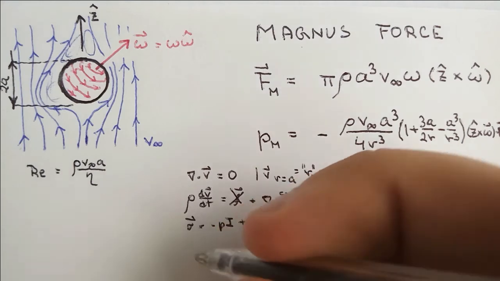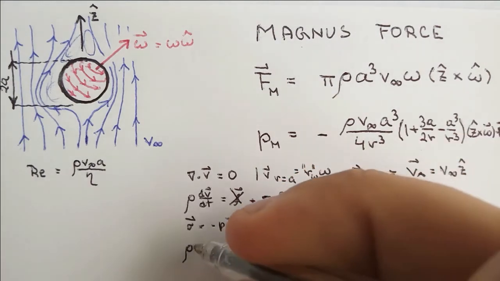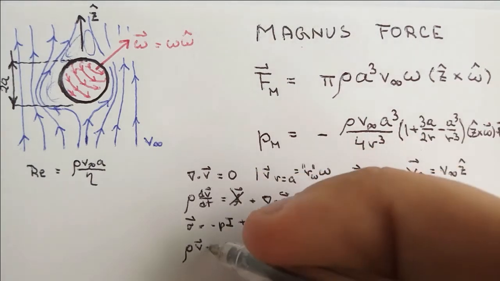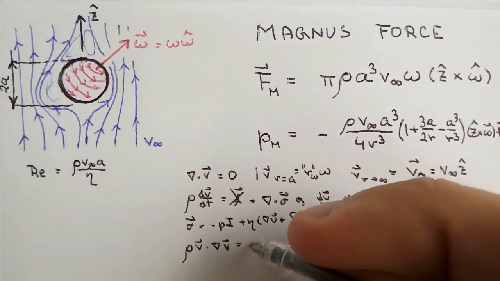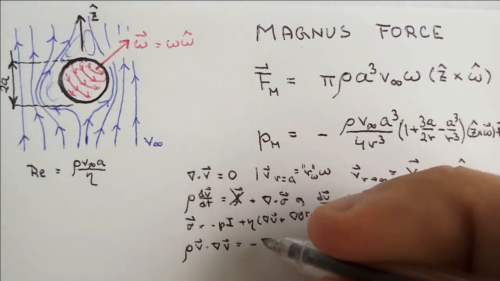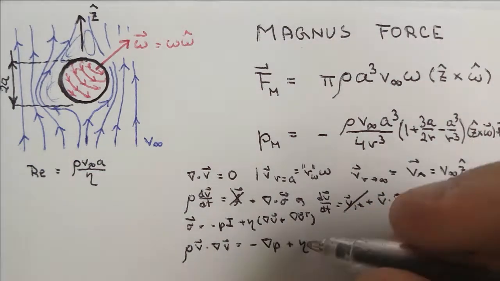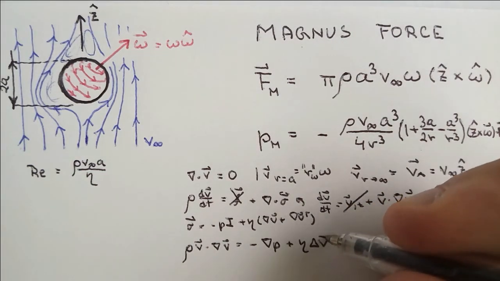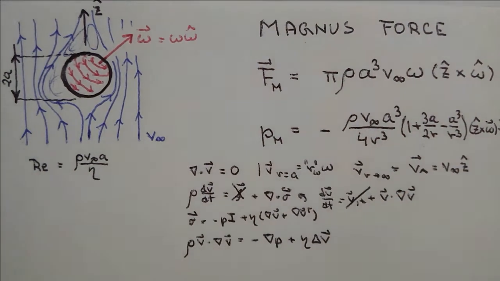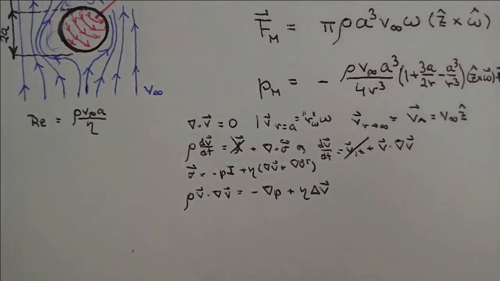So you will arrive at this equation, which is the Navier-Stokes equation. You can check it, but this is the correct form. It's basically telling this, and this should be the Laplacian of the velocity field. This is our Navier-Stokes equation, and I will solve this equation.